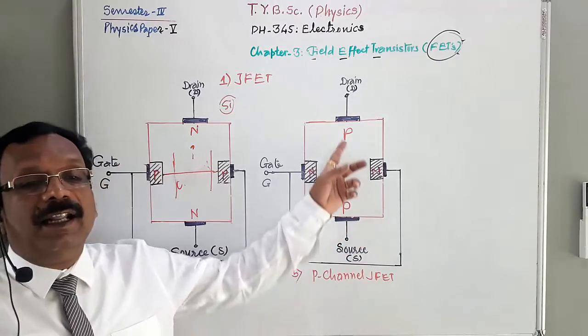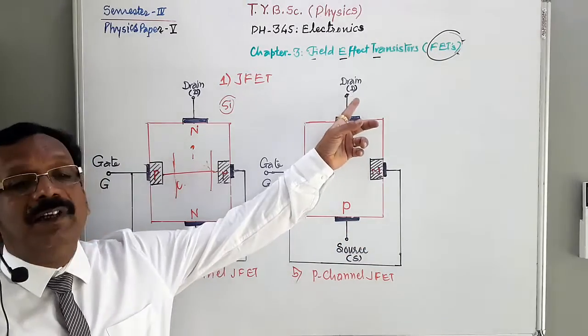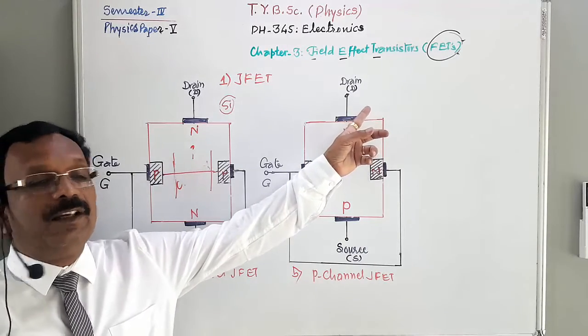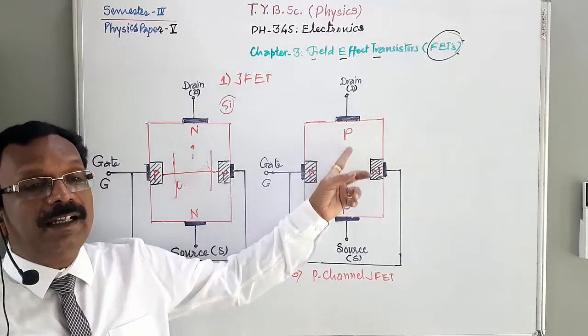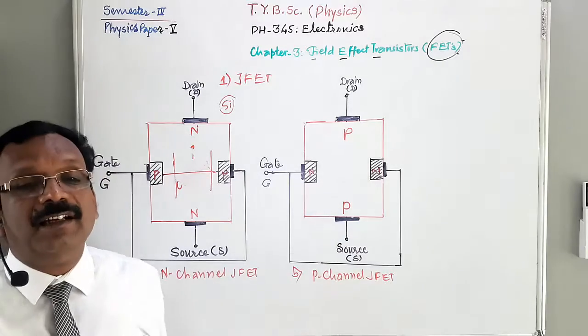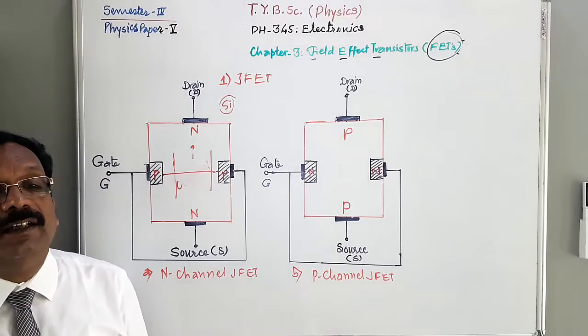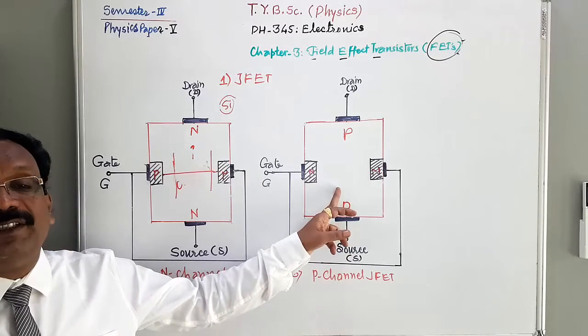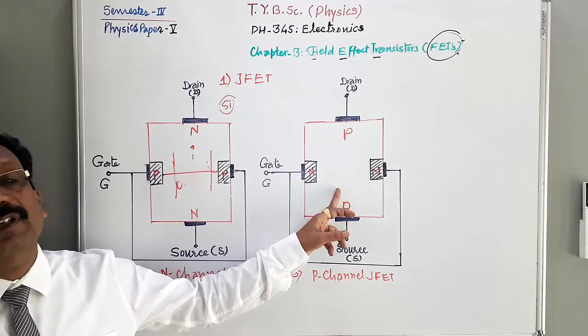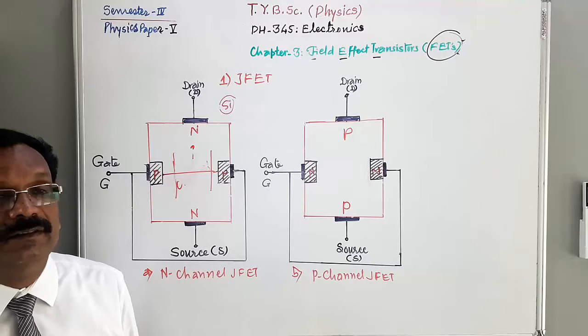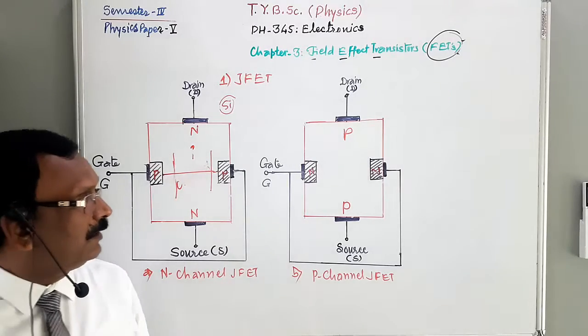The drain is the terminal through which electrons enter the semiconductor bar, and source is the terminal through which electrons leave the semiconductor bar. Okay, this is the construction.